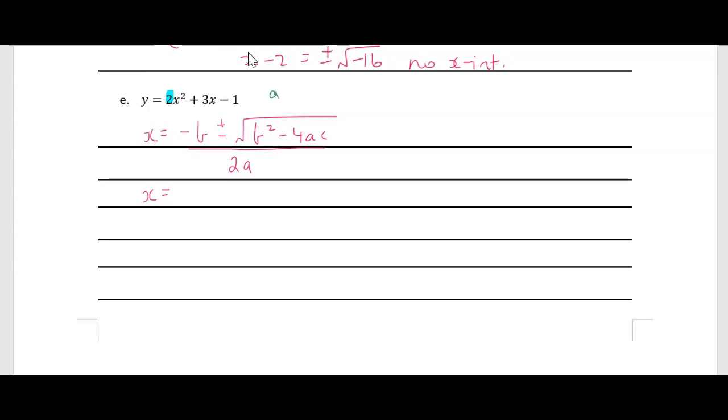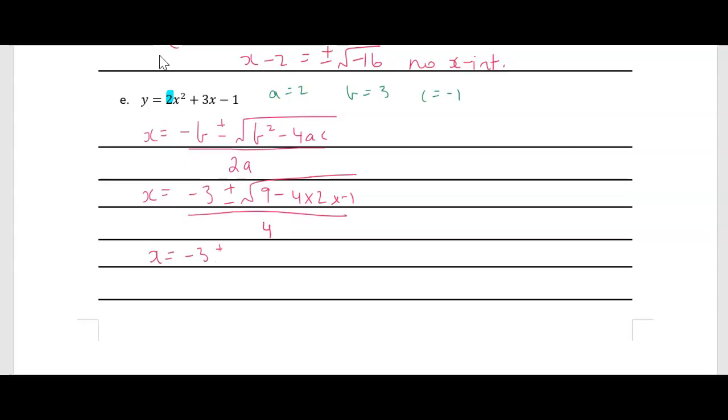Just identify a, b, and c first. b is 3 and c equals negative 1. So negative 3 plus or minus the square root of b squared, which is 9, minus 4 times a times c, that's times 2 times negative 1, over 2 times a, which is 4. Let's tidy things up.